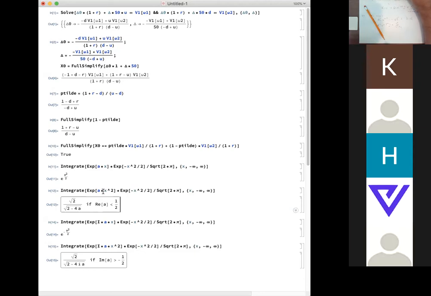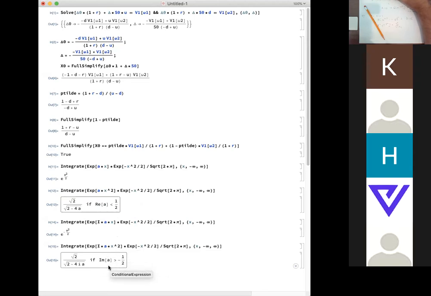When we looked at the moment generating function, the condition was that the real part of a should be less than a half. But now the condition is different. It says that the imaginary part of a should be bigger than minus 1 over 2. But for us, a is already real, right? So the imaginary part is equal to 0.